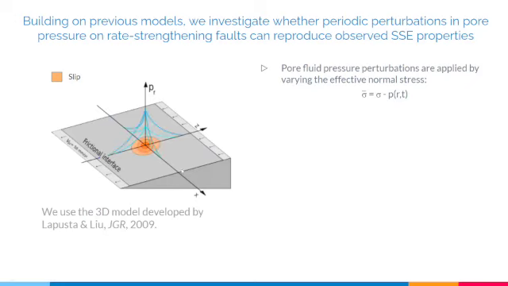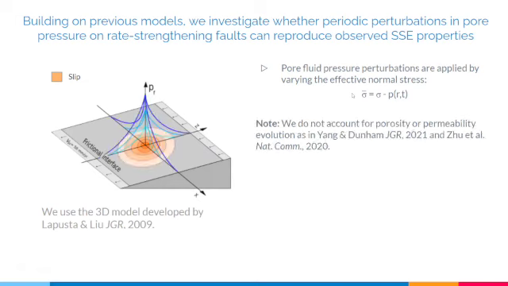These models assume a planar fault that is governed by rate and state friction, and we impose periodic changes in pore fluid pressure at the center of the fault. These changes are applied by varying the effective normal stress. And this is a relatively simple approach in that we do not account for porosity or permeability evolution as previous models.